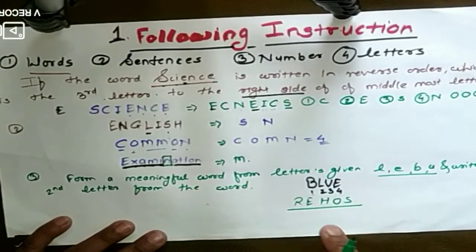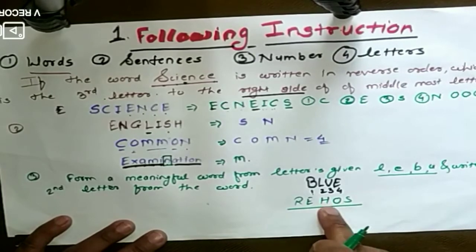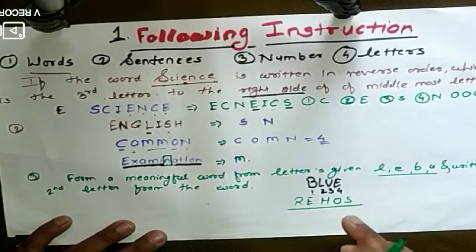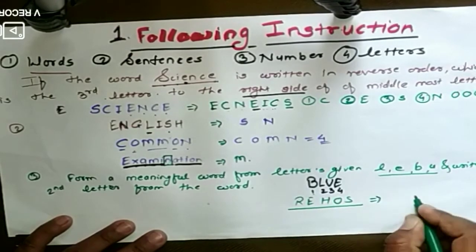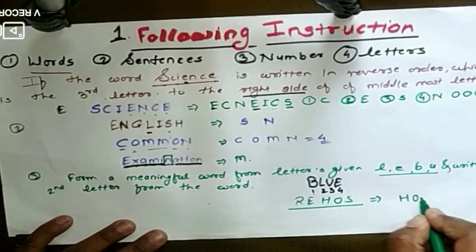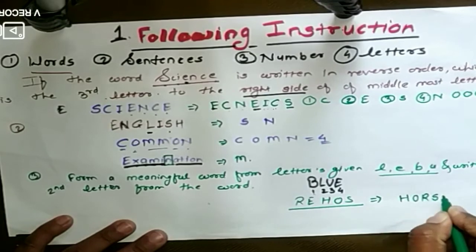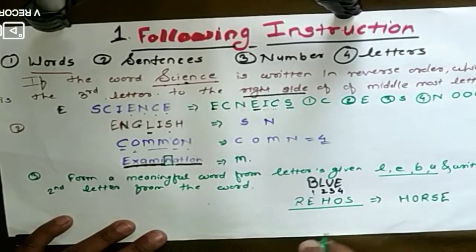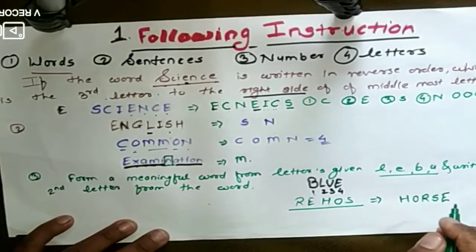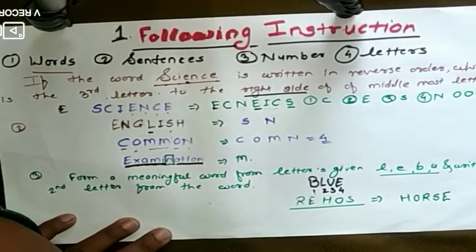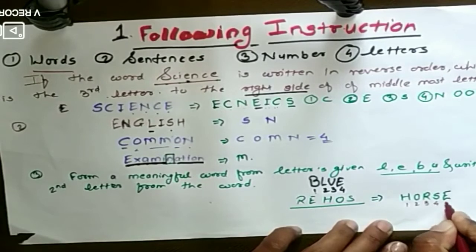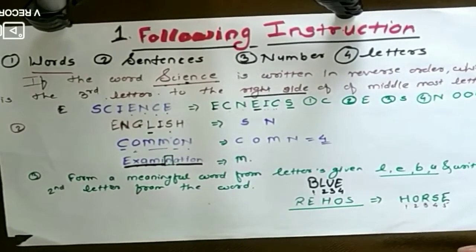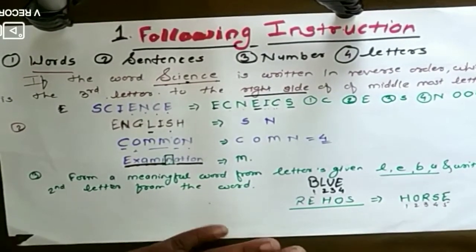If you try each letter with the other letters, you will get it. So which meaningful word forms? HORSE. Horse is the meaningful word, and inside this word, if we write the positions 1, 2, 3, 4, 5, then you will understand any question they ask.